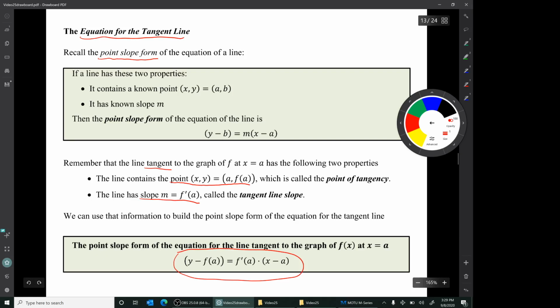That's what we get when we substitute that known information about a tangent line into the point-slope form of the equation of a line. So this is the point-slope form of the equation for the line tangent to the graph of f at x equals a. It's that equation right there. And it comes from knowing this stuff about the tangent line.